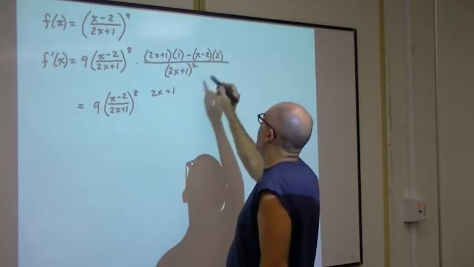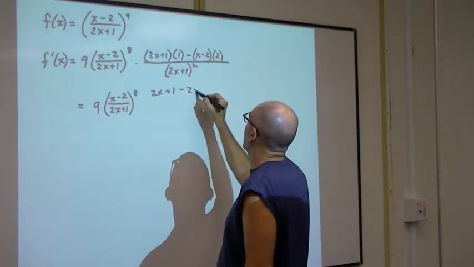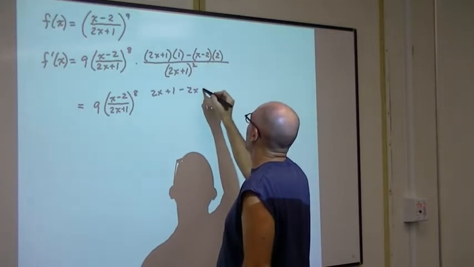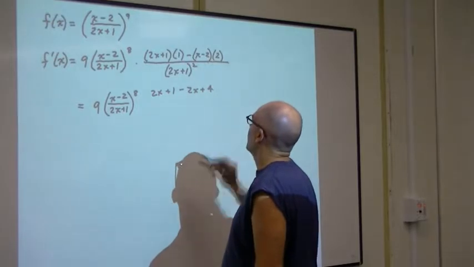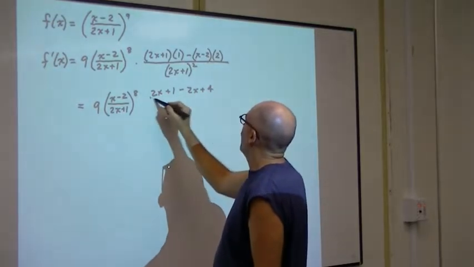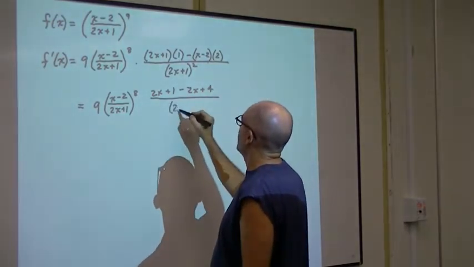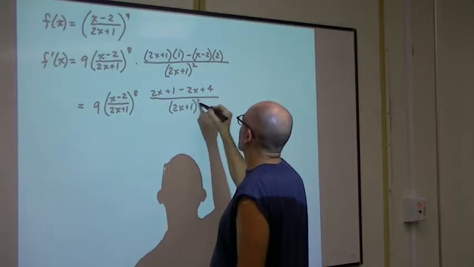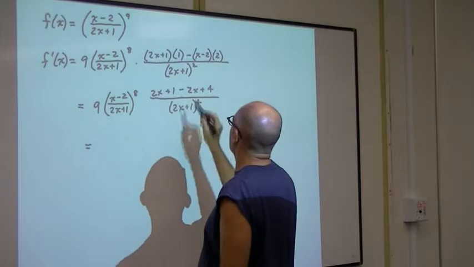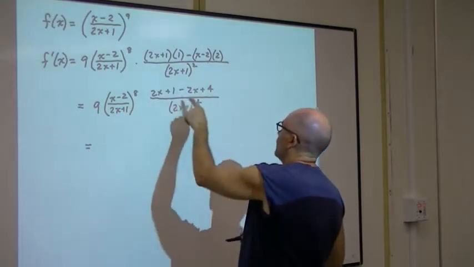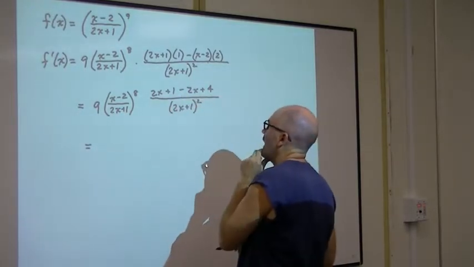So it's going to be minus a 2x and plus 4, because we've got a minus 2 times 2, all over 2x plus 1 squared.